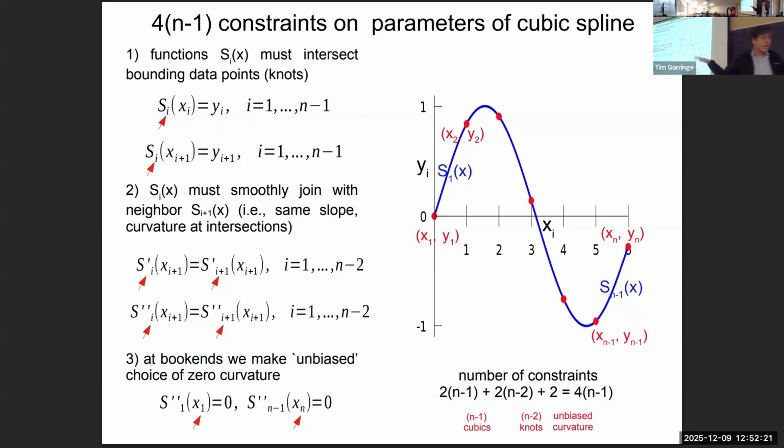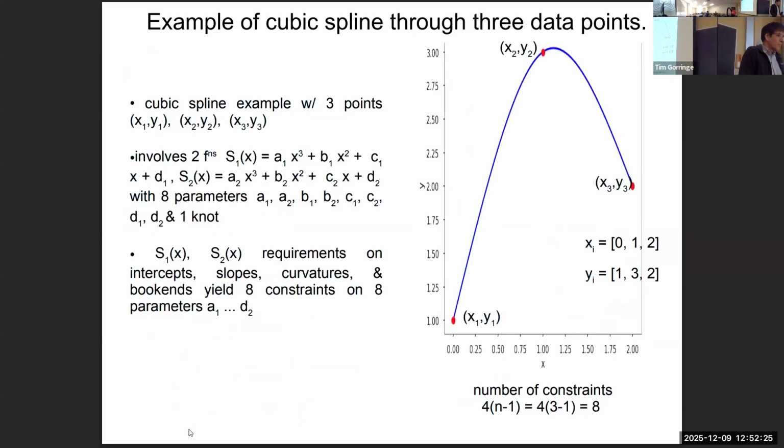So these are the constraints that we'll use. Okay, just to give you a more concrete example, on this slide and on the next few slides, I tried to enumerate all of this for an example where you've got three data points.